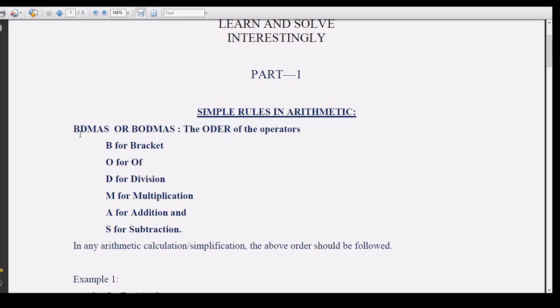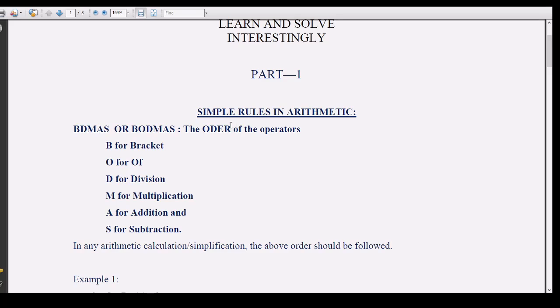I think you have heard or come across this BDMAS, or sometimes they include O also, BODMAS. What does this stand for? These are the order of operators which you will be using in any simplification.